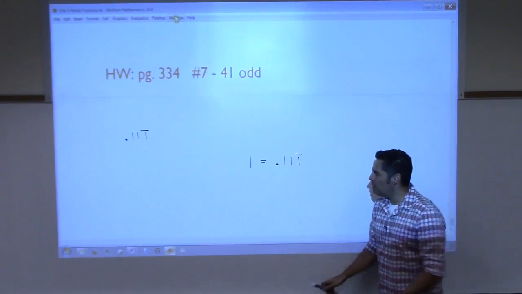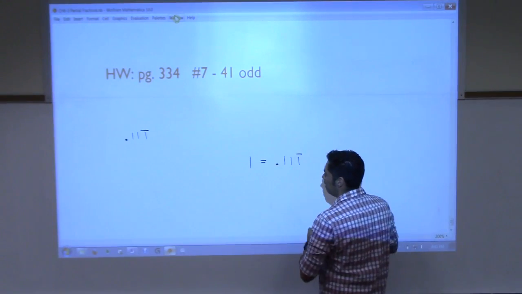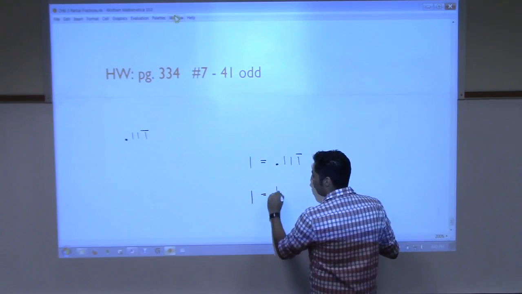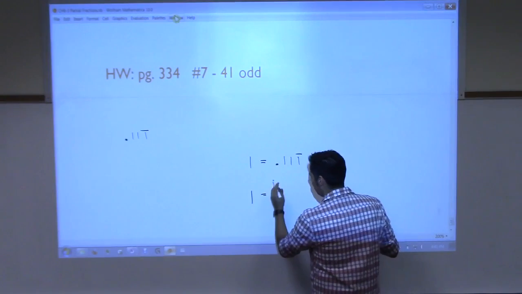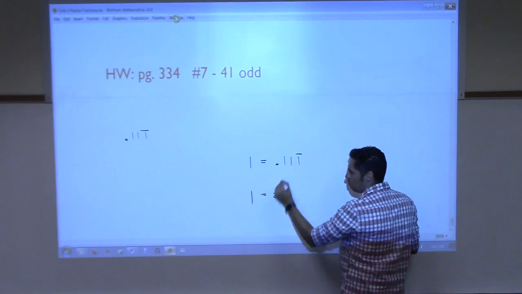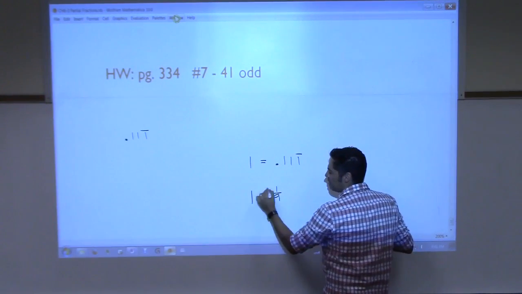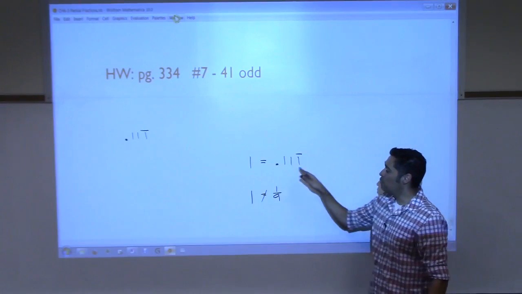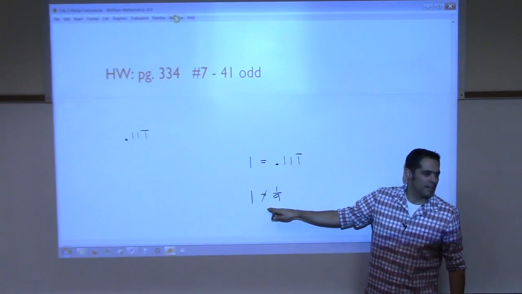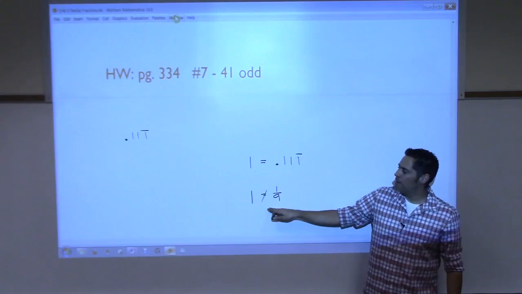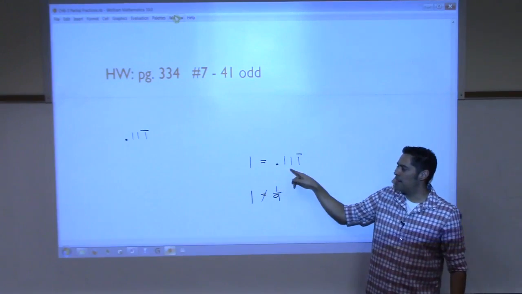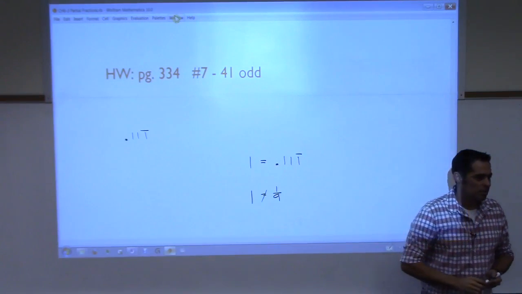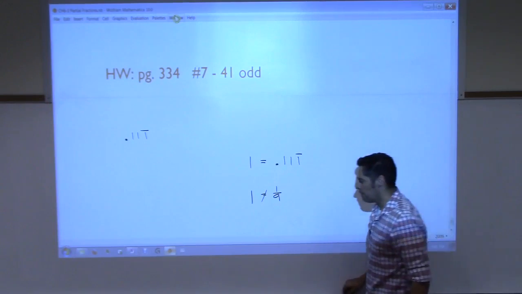If we're looking at both as base 10, then 1 is not equal to 1/9, because that's what 1/9 is in base 10. This is obviously not true. If you wrote this on the board, people would think you're crazy. But if that's a base 10 number and this is a binary number, then it's true. It's kind of weird.